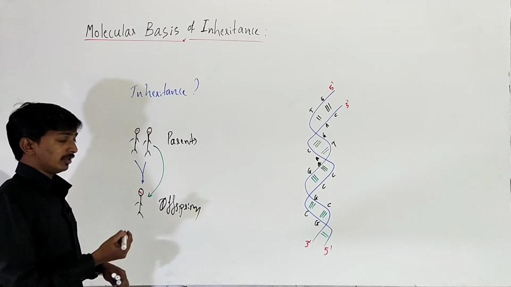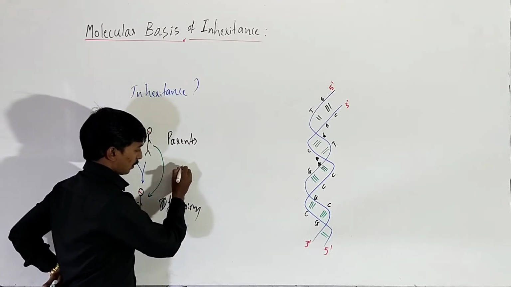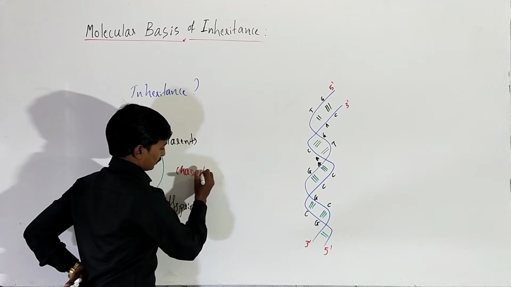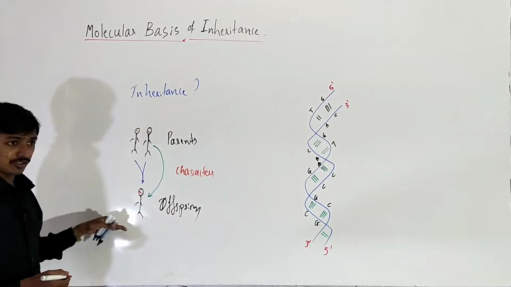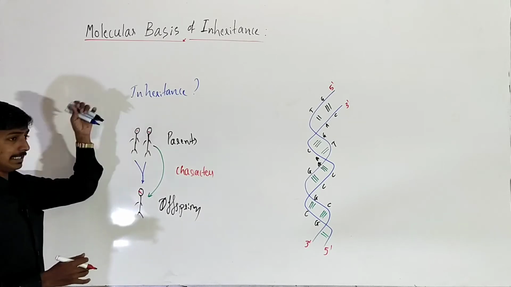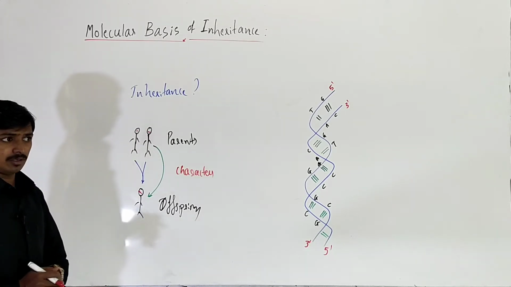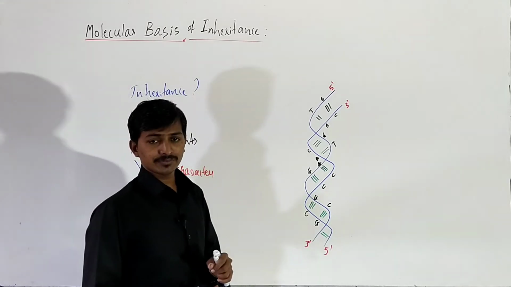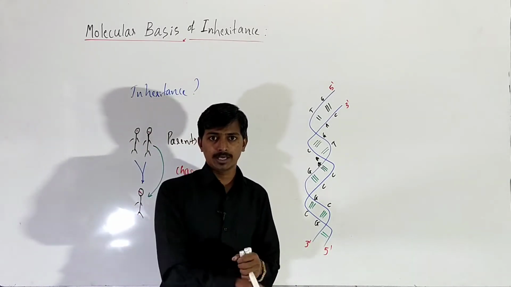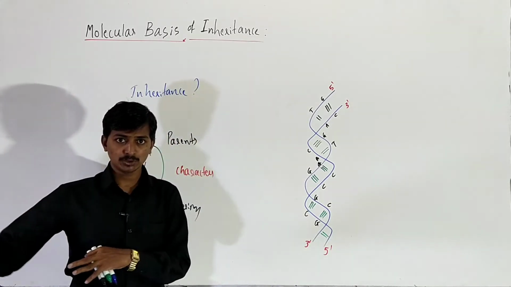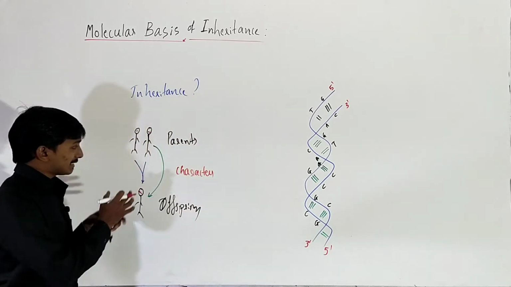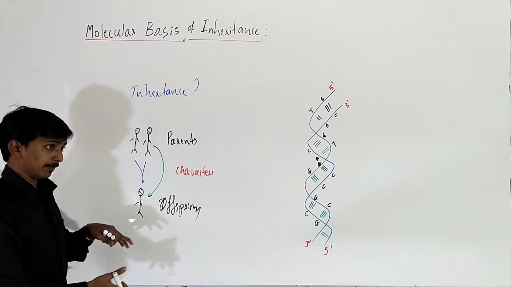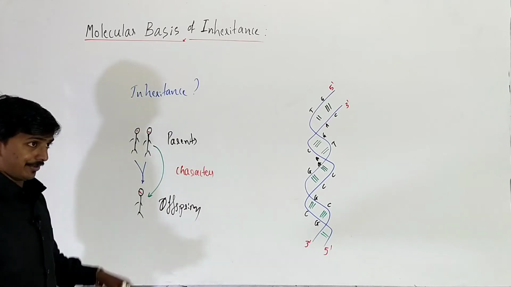The phenomenon of transfer of characters from one generation to the next generation is known as inheritance. Characters transfer from father to son, mother to son, father to daughter, like that. This transferring pattern is known as inheritance.